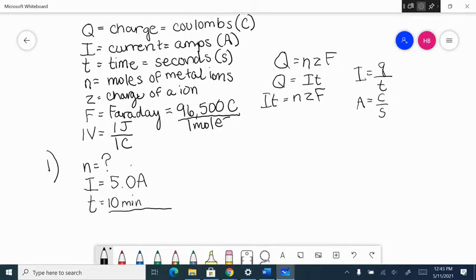Let's just go ahead and say in 1 minute, there's 60 seconds. So that's 600 seconds. Now they also gave us the voltage, which is joules per coulomb. In this particular problem, we don't necessarily need that. So we're going to rearrange and solve for N.